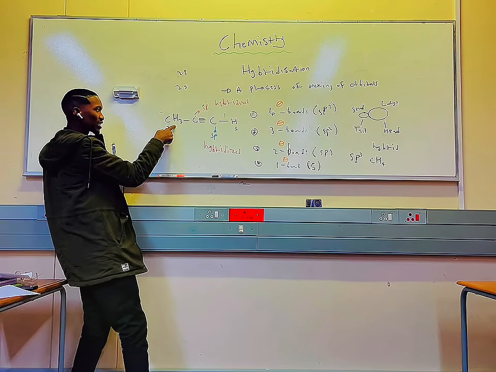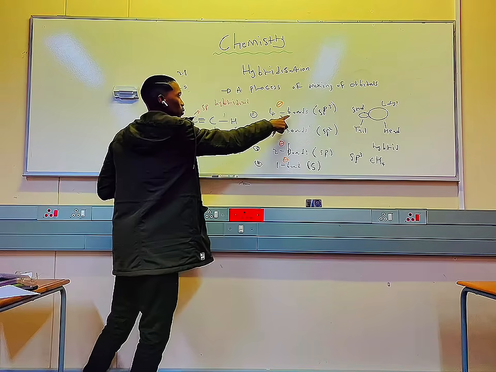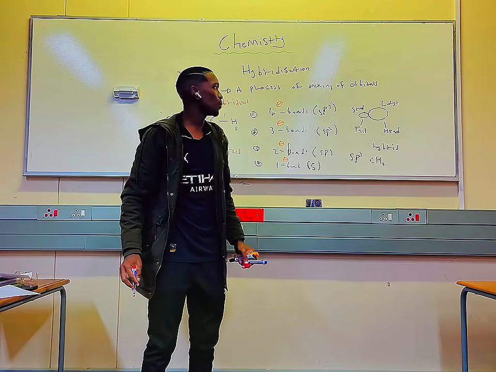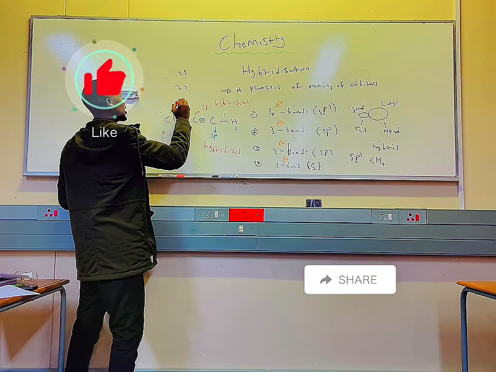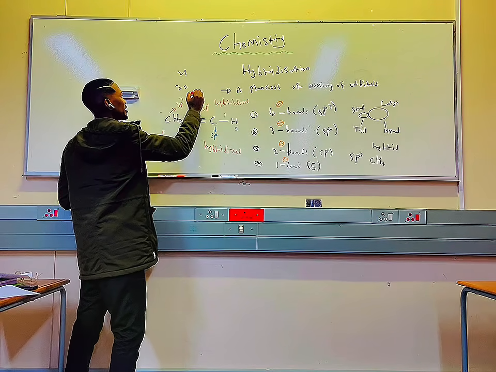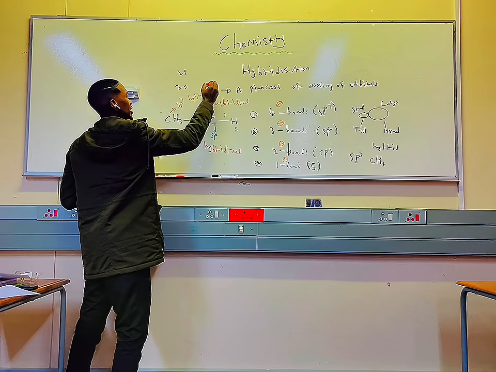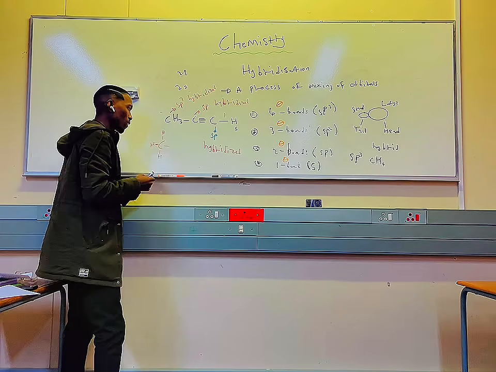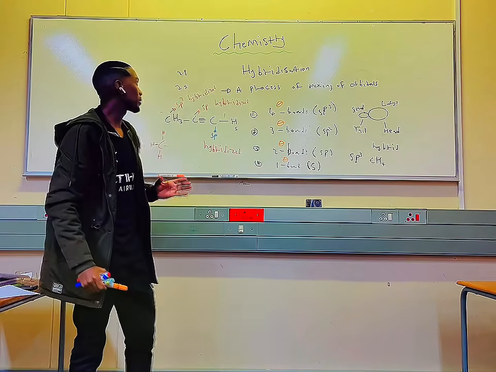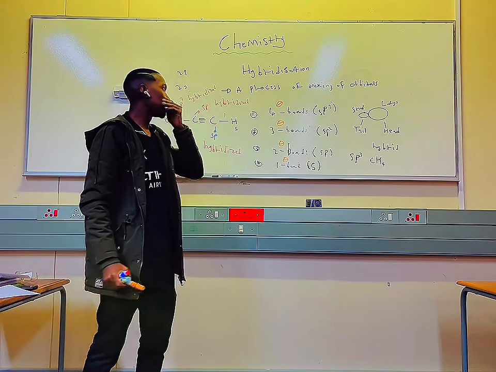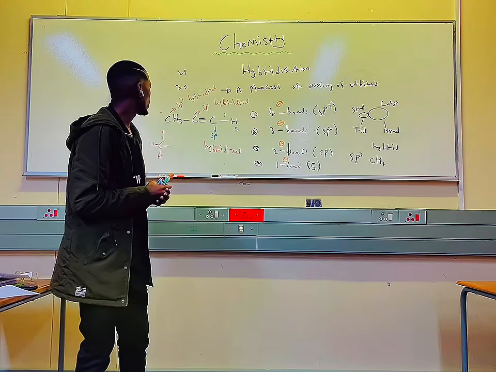So there are already 3 plus 1, 4 sigma bonds, and we said whenever we have 4 sigma bonds, it is sp3 hybridized. So this one is going to be called sp3 hybridized. That is how you identify the hybridization state of different molecules.